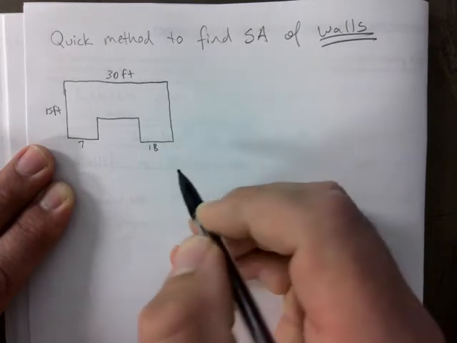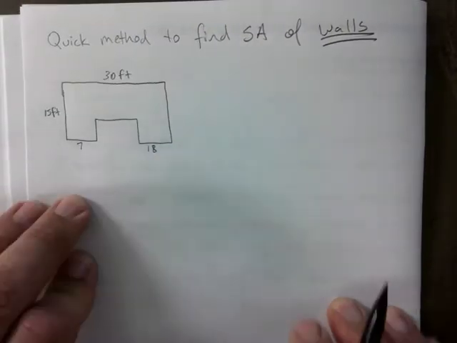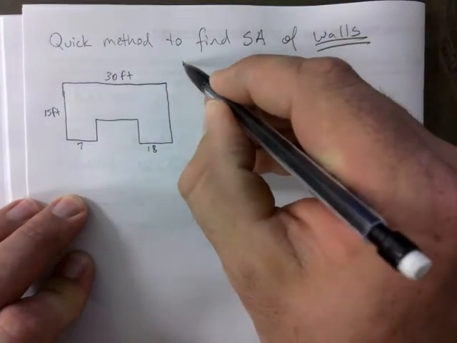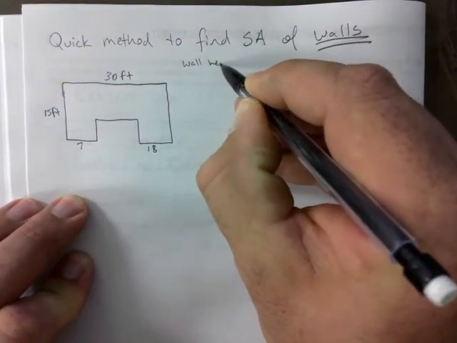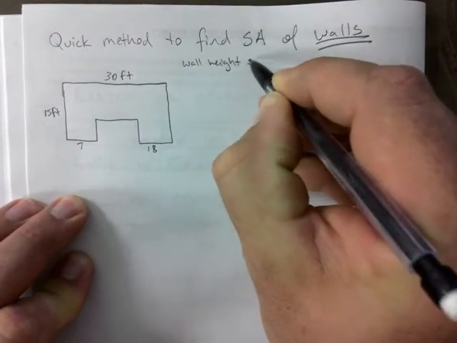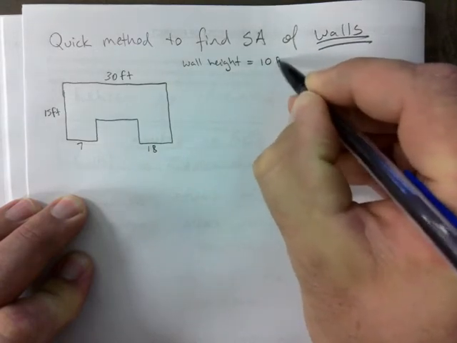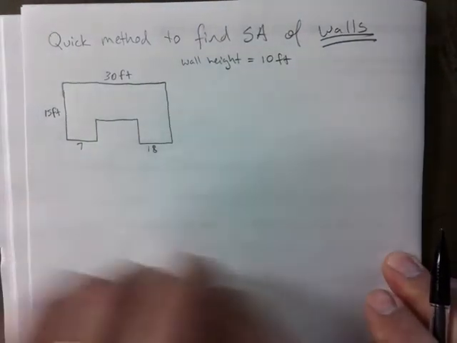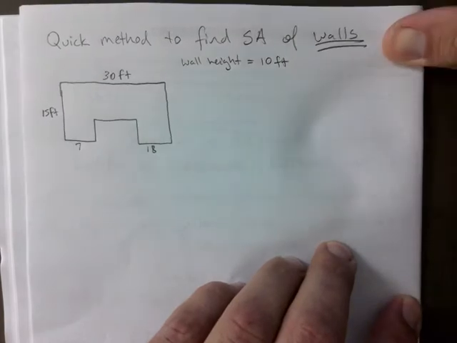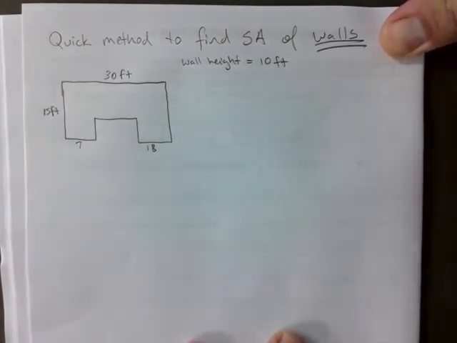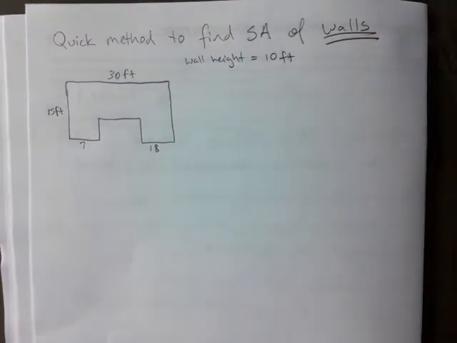Not drawn to scale, obviously. And the wall height is, let's say, 10 feet. So you're given a blueprint of a room, and it's not a perfect rectangle. This is on page 28 in case you're wondering.